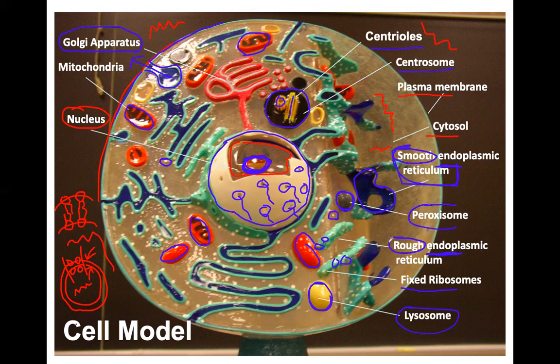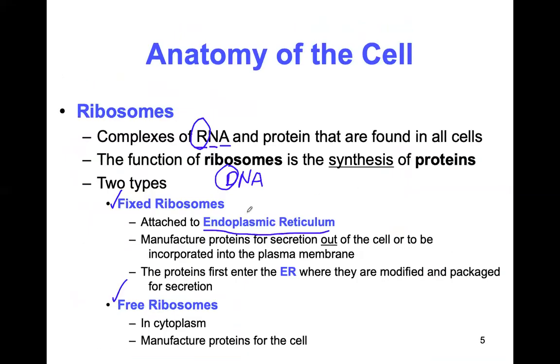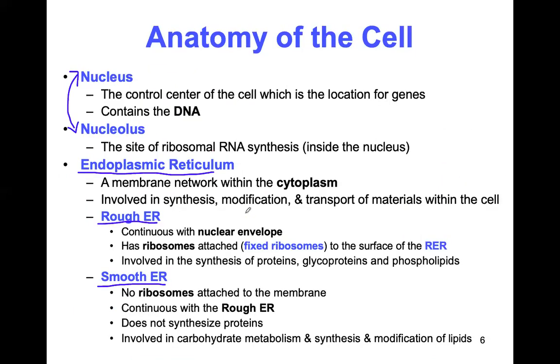So there's a difference between the rough endoplasmic reticulum, which we see here and here, and the smooth endoplasmic reticulum that's located here. If they look different structurally, they're going to function differently. So what is the rough ER? It says it's continuous with the nuclear envelope, because it is. We could see it here.